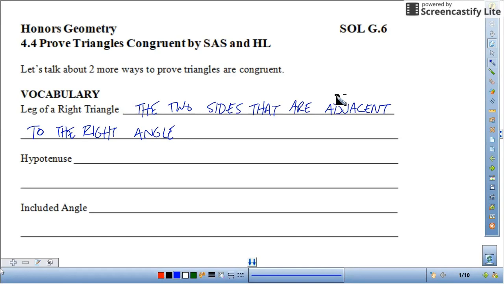And just a reminder, when we say adjacent, we mean that it's touching or next to.